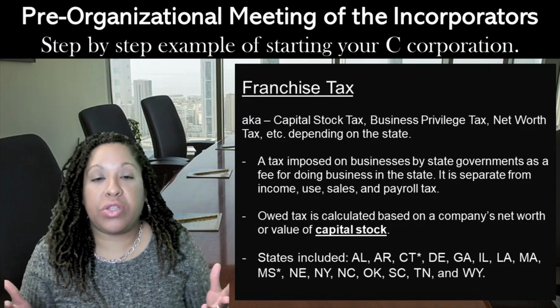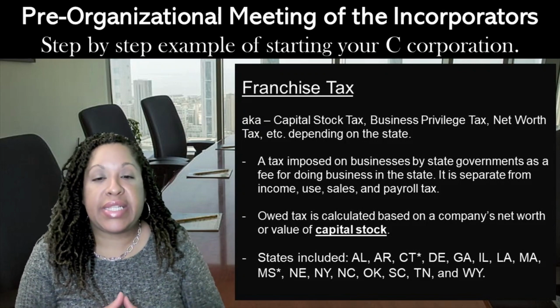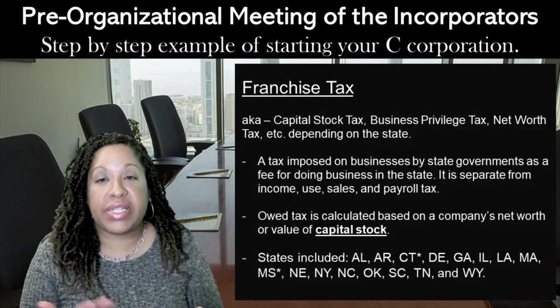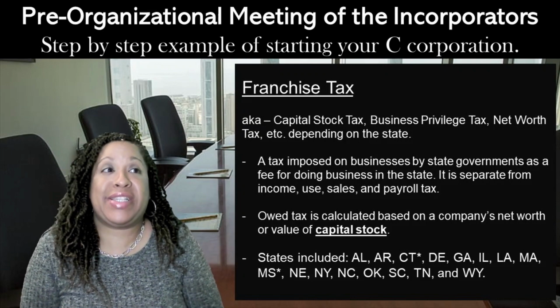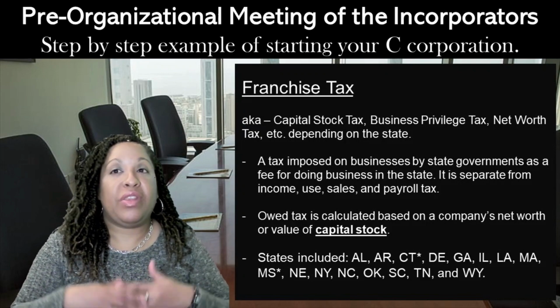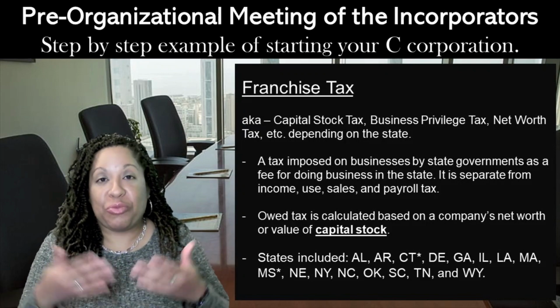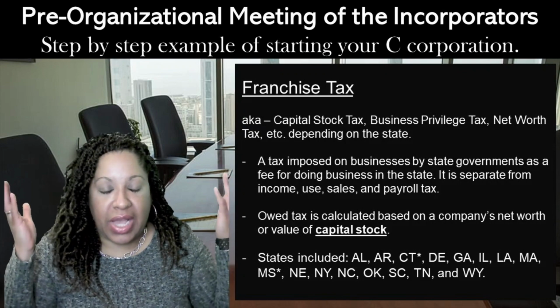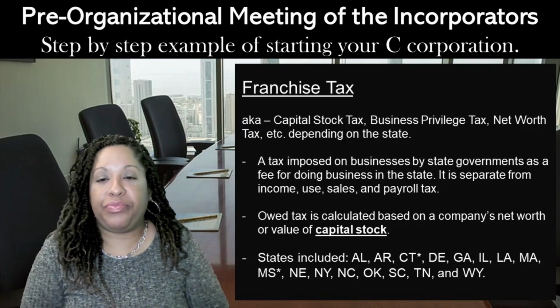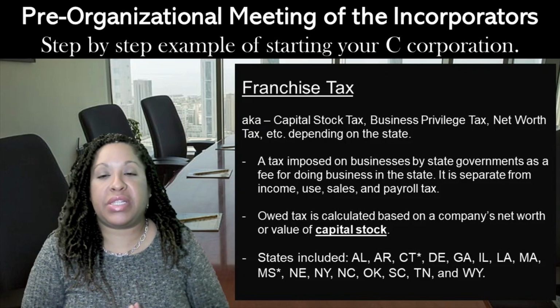It just depends on the state. And what that is is a tax imposed on businesses by state governments as a fee for doing business in that state. So basically, the state is giving you permission to do business there, and because of that, you have to pay a fee. I know, it's the cost of doing business depending on the state.